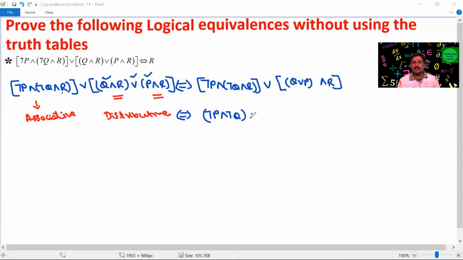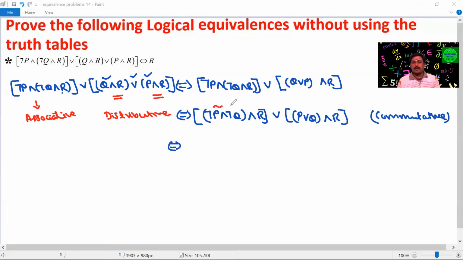The reason is, if you observe this, the first two terms are in the form of Q, P or Q. Due to that reason, I'm going to combine these two terms by using associative law. To get similar terms, I'm going to apply the commutative law here, and I'm going to write Q R P as P R Q by applying commutative law.